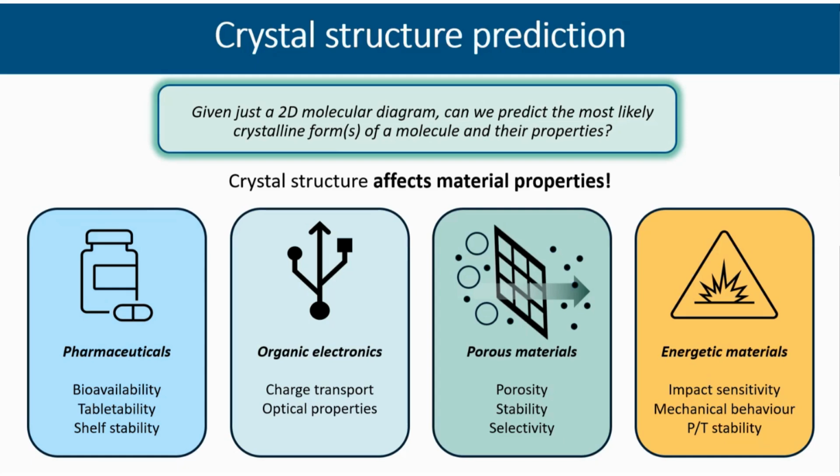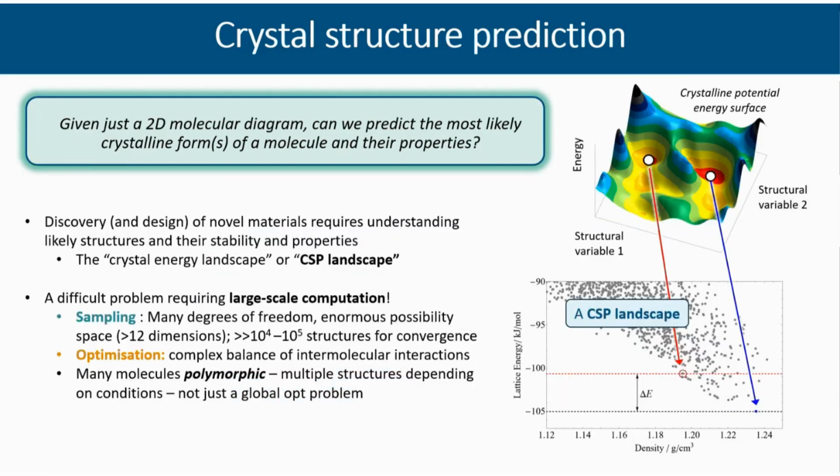So if you have some molecule that you are trying to synthesize a functional material out of, or perhaps the reverse, the inverse design problem, where you want a material with certain targeted properties, and you need to decide on a molecule that will lead to a material that gives you those properties, then you need an understanding of the crystal structure. And so being able to predict the crystal structure a priori computationally is an extremely powerful technique.